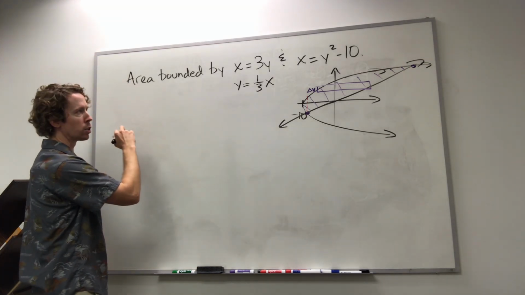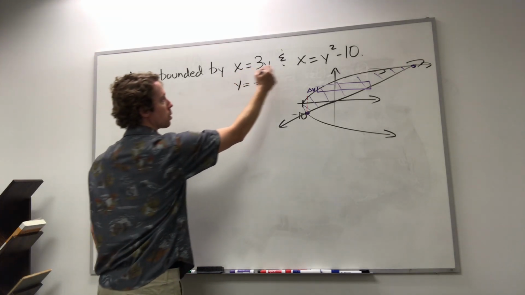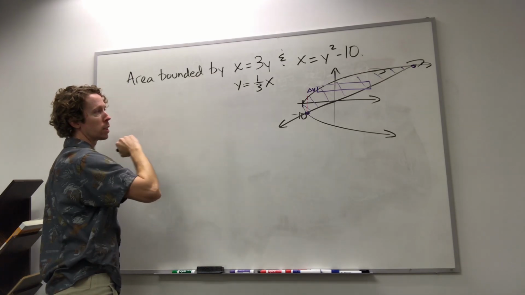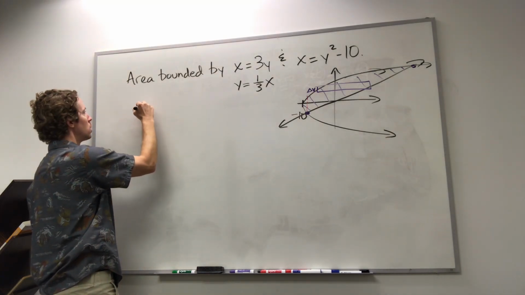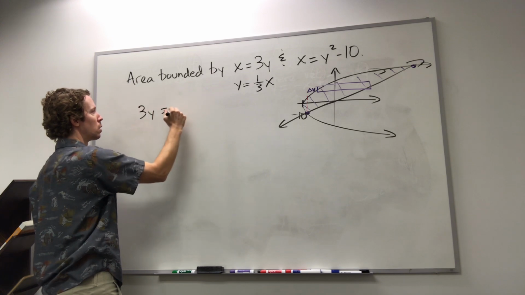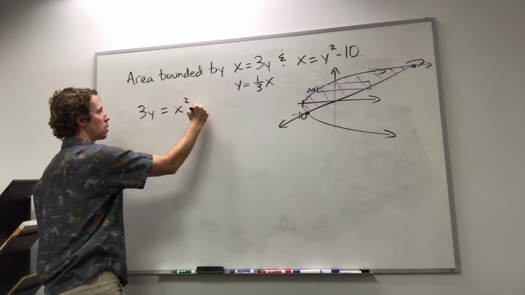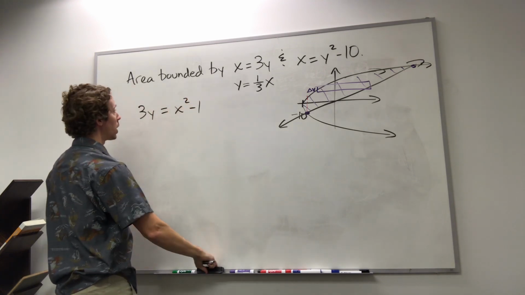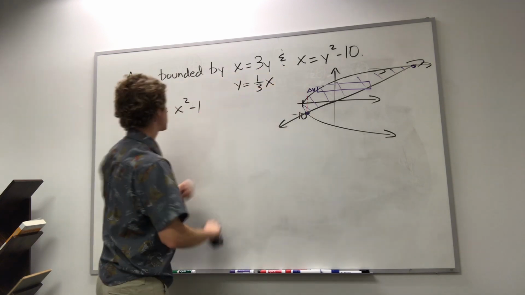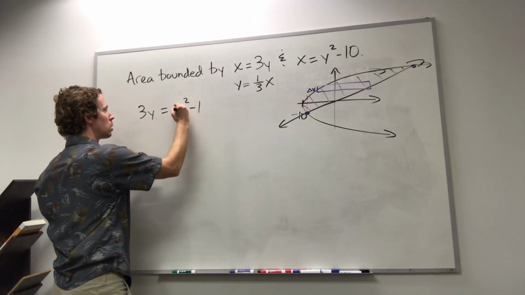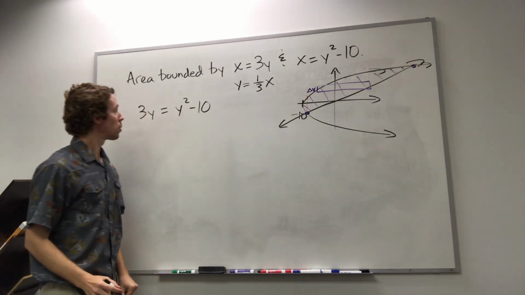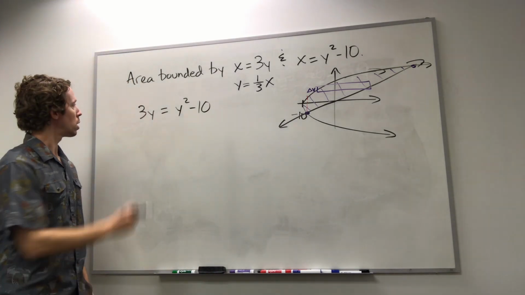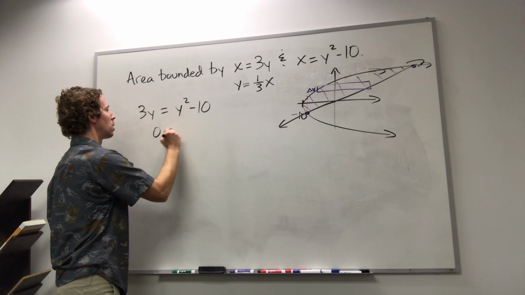So let's find the intersection points first. Force both of these to be true at the same time to grab those 2 points. So I can set x equal to x. Now I've got a quadratic equation. I'll move everything over to one side.